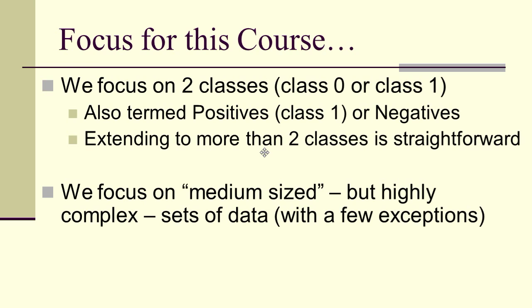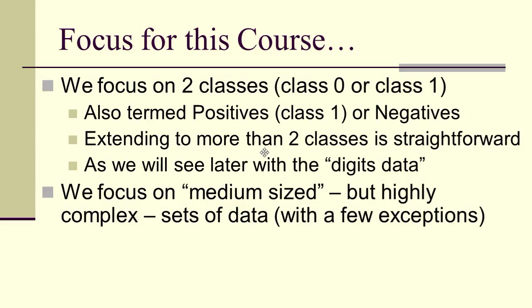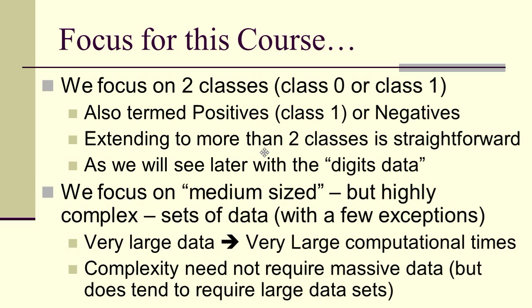Extending to more than 2 classes is straightforward, and we'll actually do this with the digits data later on. Now the reason we focus on medium-sized is because large data means large computational times, and we can study complexity and the phenomena of big data without having massive data sets, just data sets large enough to exhibit complexity.